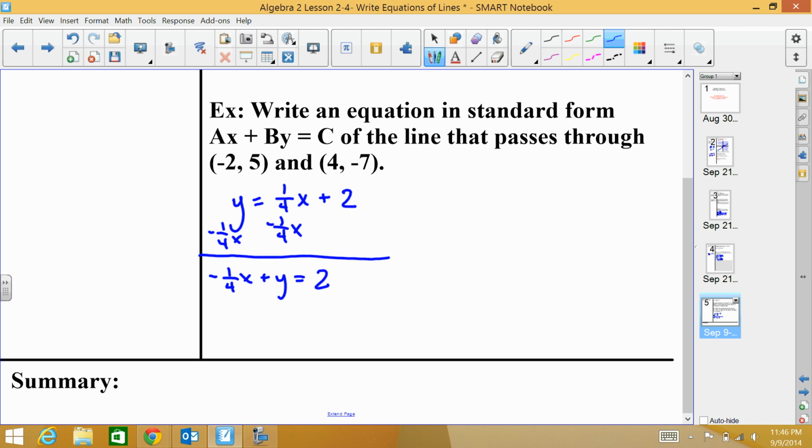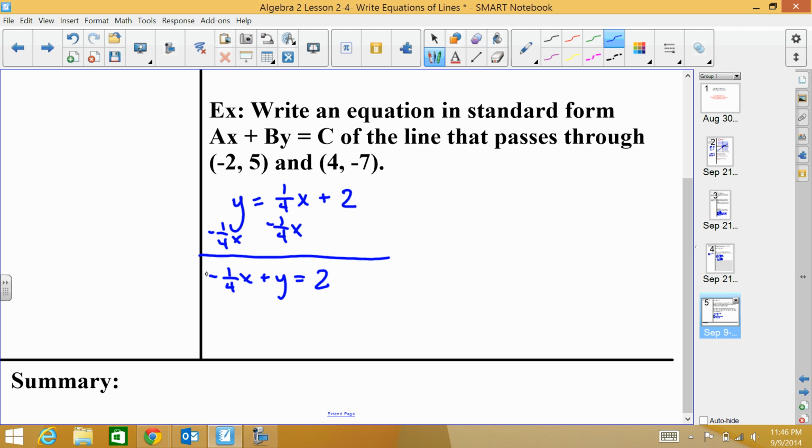However, remember we talked about a, b, and c having to all be integers. They cannot be decimals or fractions. So I have to somehow cancel out this negative 1/4. Remember we talked about earlier how you can eliminate fractions by finding a common denominator and then multiplying all the numbers in that equation by the common denominator. In this case, we only have one denominator.